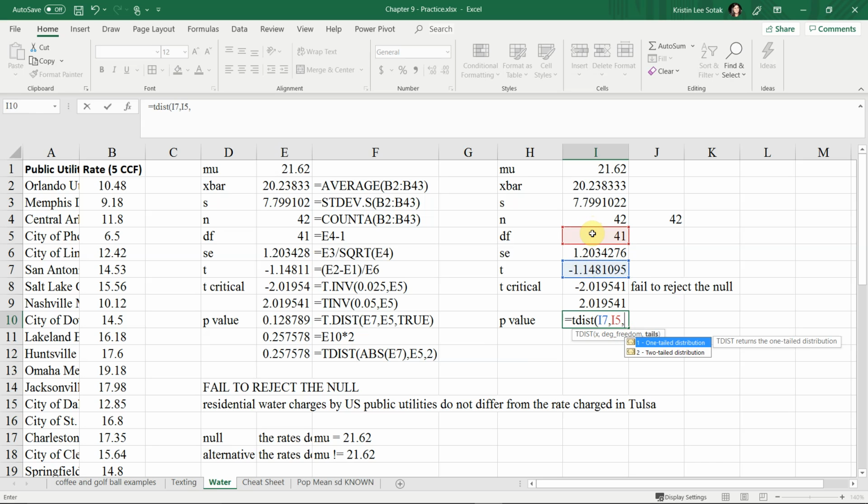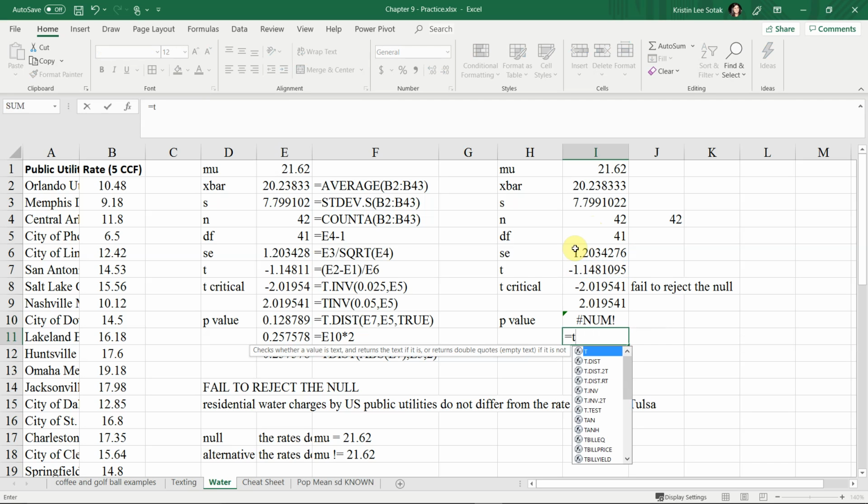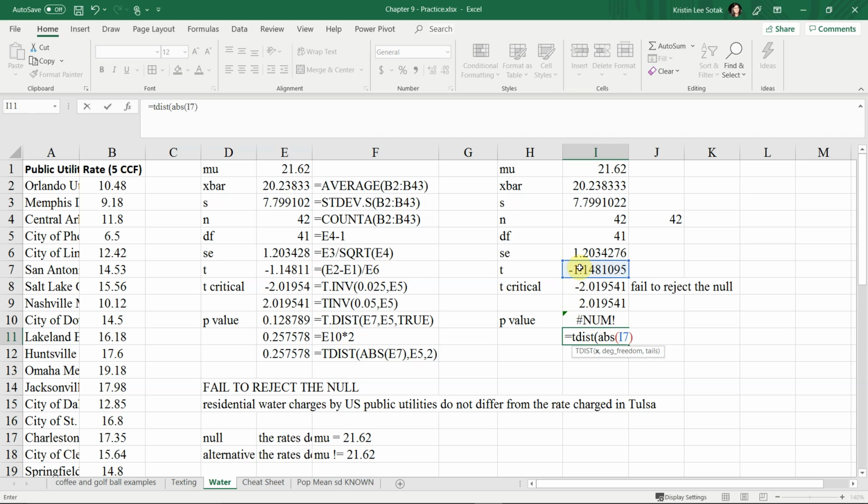This one asks us, is it 1 or 2? It's 2. The only thing is when we do this, we get a little error. So for x, we're going to take the absolute value of our t value and then supply the rest of them. I wanted to point that out, that happens. And then we get an answer.